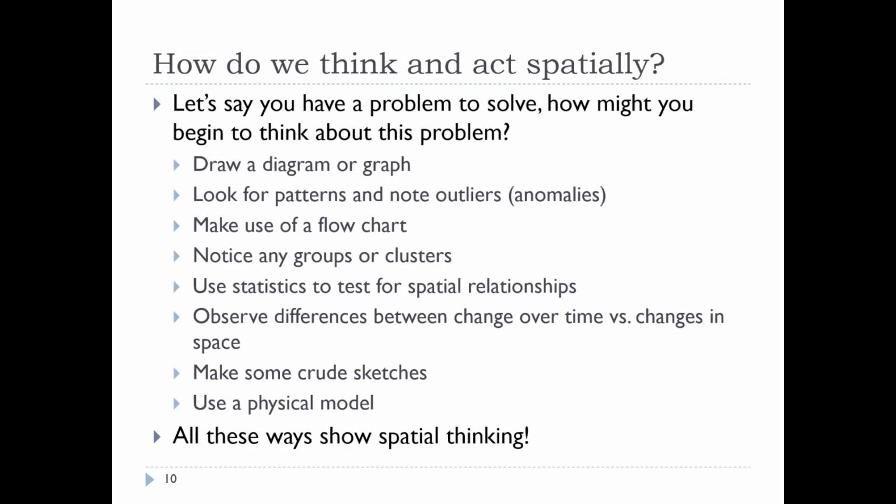Some people call these mind maps, where they write things out and look at different issues that are going on with that. Do you notice any groupings or clusters? If you understand statistics, maybe you go, okay, let me use some statistics to test for something. Is there potentially some change over time or changes in space?